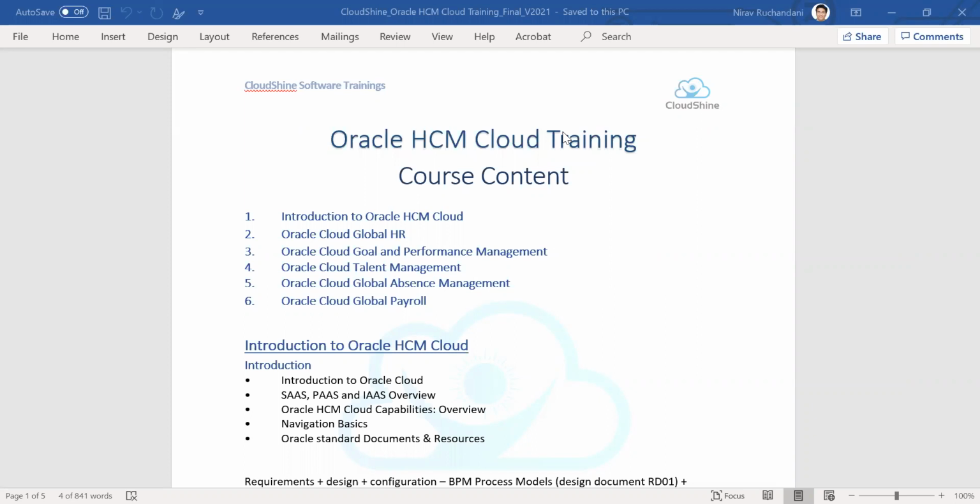There are different certifications for each of these modules.